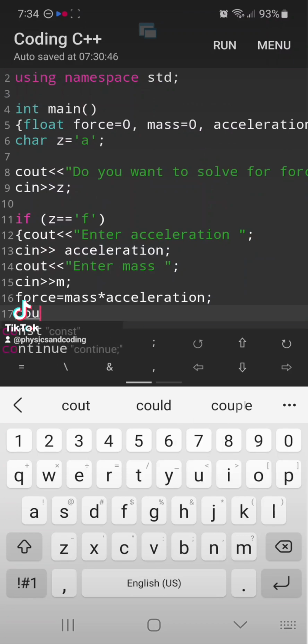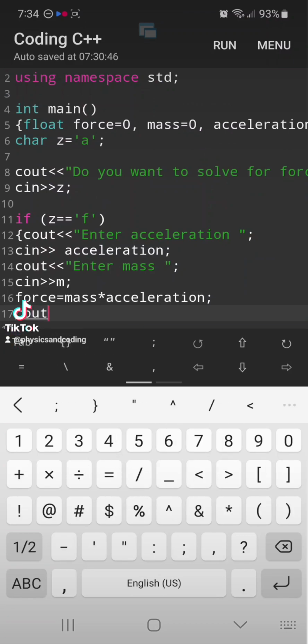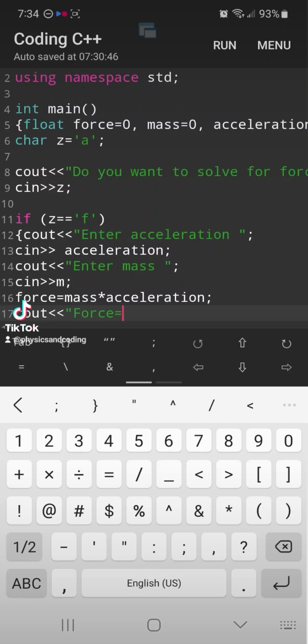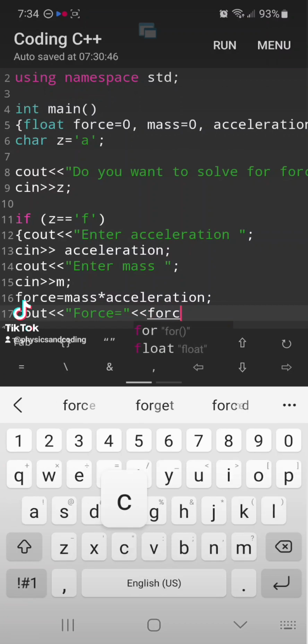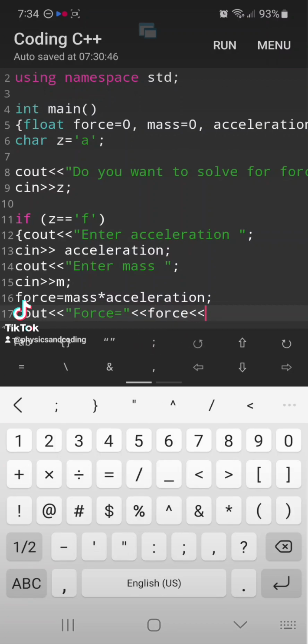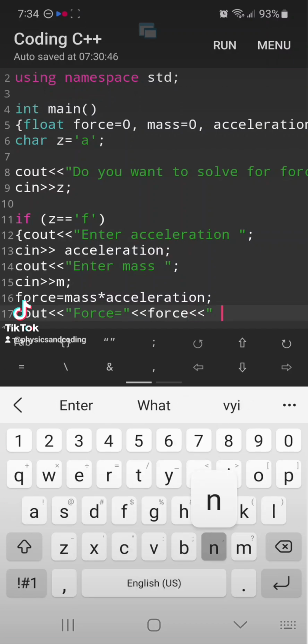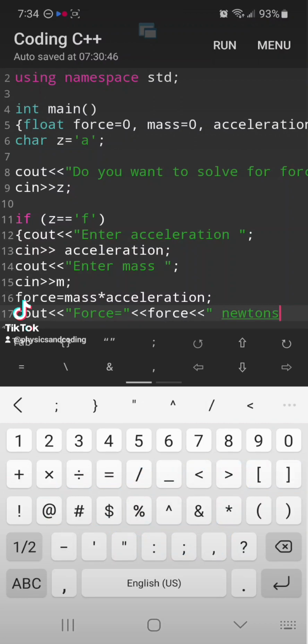Okay, then we have to print out the force. Okay, so force equals. Then we have to make a break in it in order to display a variable. So force, then end the break, and then we can continue if we want to, or we can just put a semicolon here. So to continue it, you have to start another quote, and then let's say newtons. Okay, and then end quote, and then semicolon.